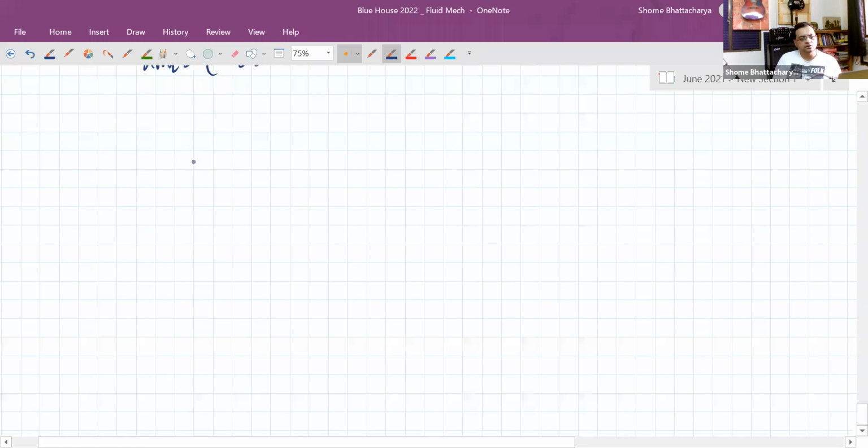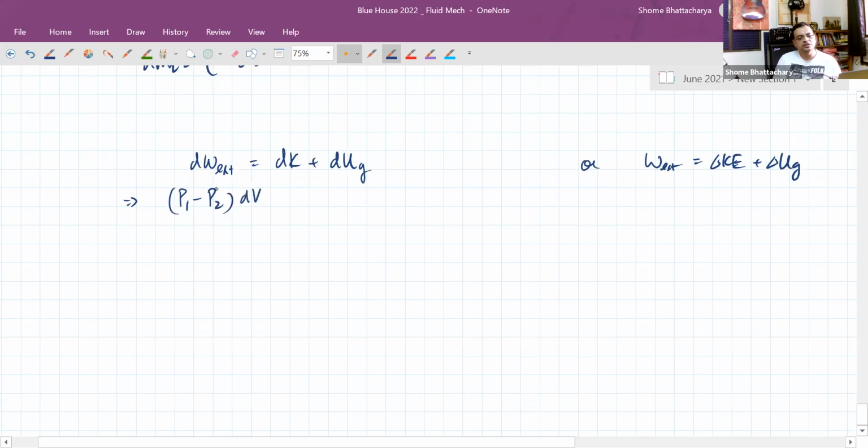So finally, going back to the work energy relation, if we write it in delta form, we'll say that work done is equal to change in kinetic energy plus change in potential energy, like this. But here we have written this as P1 minus P2 into that differential volume dV, where that differential volume is A1 v1 equal to A2 v2.